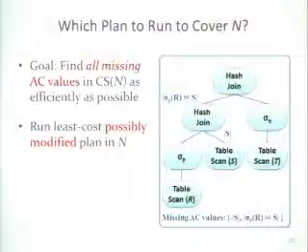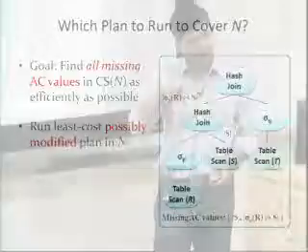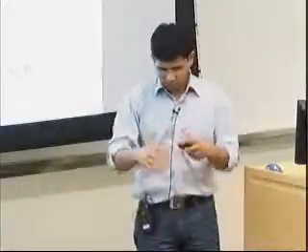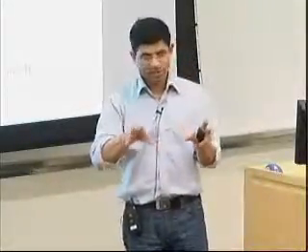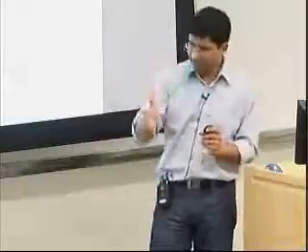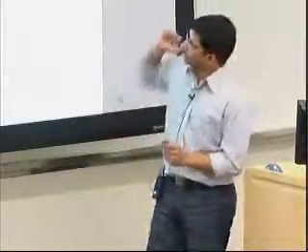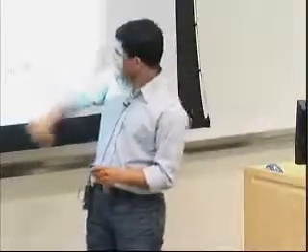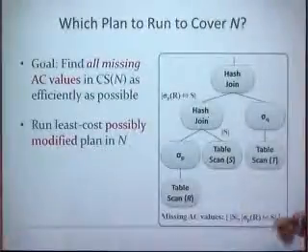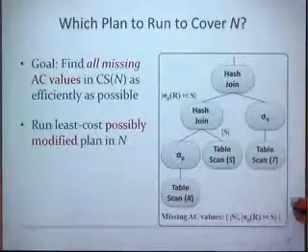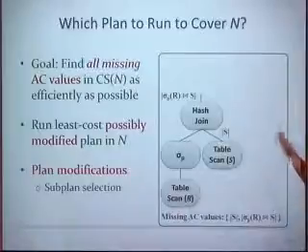So if you imagine this were a plan in your neighborhood, and based on all the cardinality expressions for which you have accurate values, let's say that the only ones that are missing are S and the join of R and S. In which case, of course, you don't have to do this part of the plan. So there's essentially a subplan identification which will bring in the values you need.